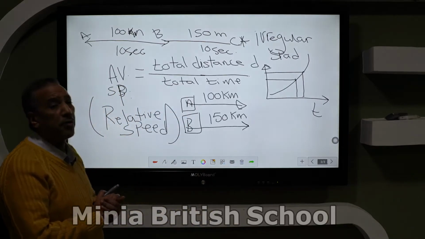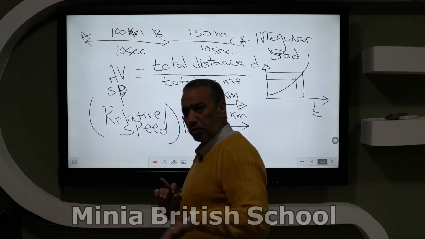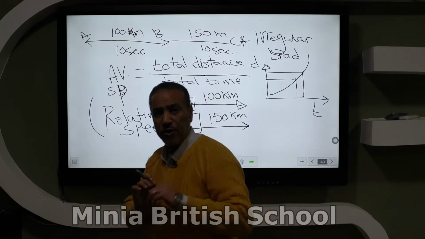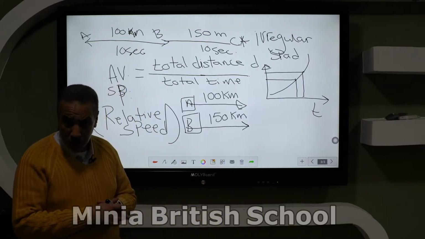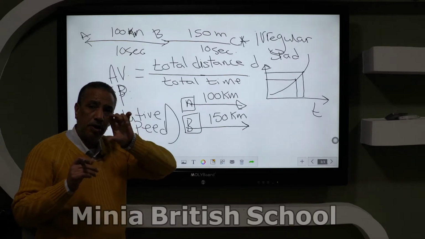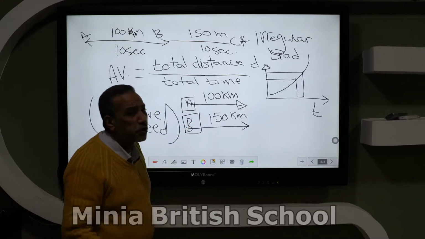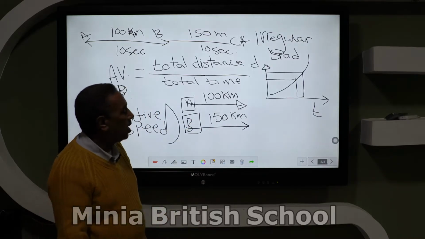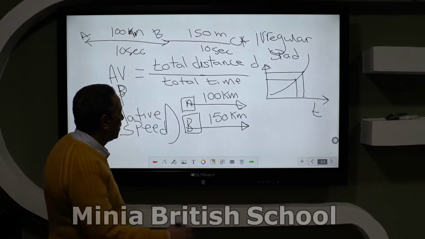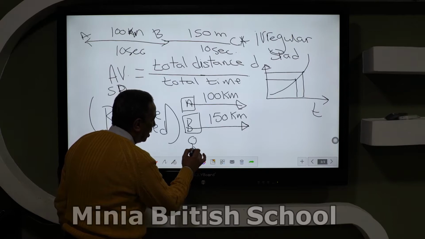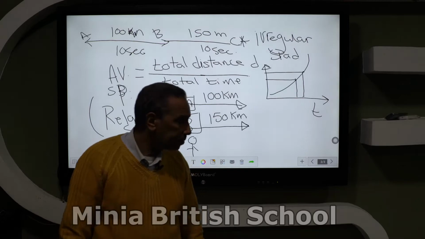Okay? And there is an observer, a person, standing at the side of the road first. This is the first case. The observer is the person who is looking at the two cars moving, and don't forget, note that they are moving in the same direction, not opposite directions.